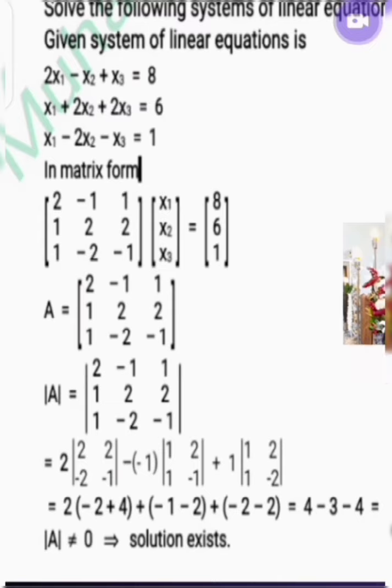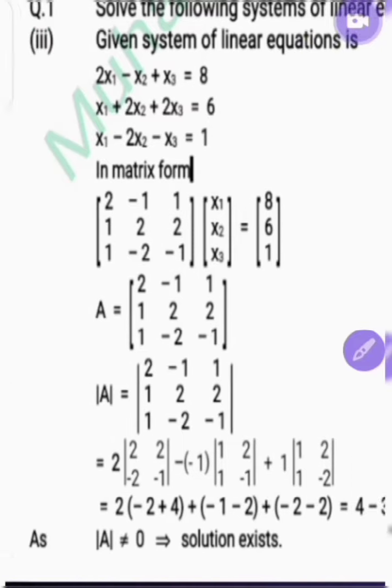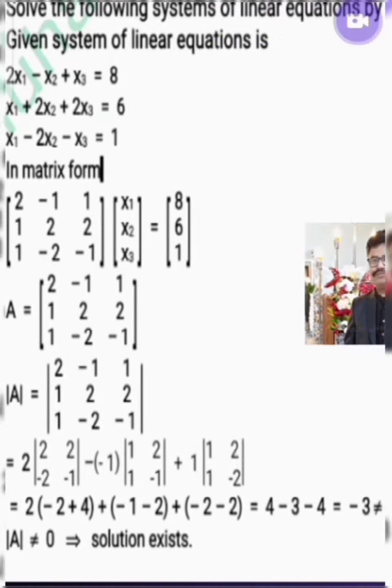We can find the determinant by expanding by row 1, expanding by row 2, or expanding by row 3. We can expand by these rows.